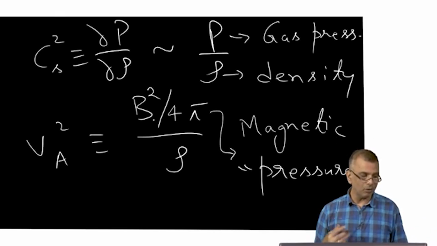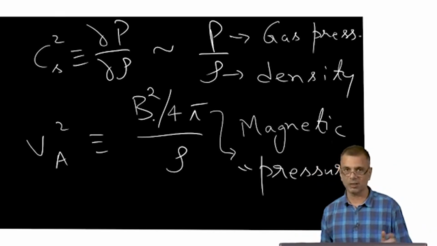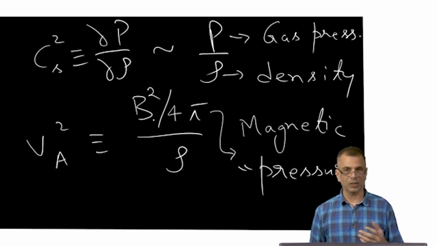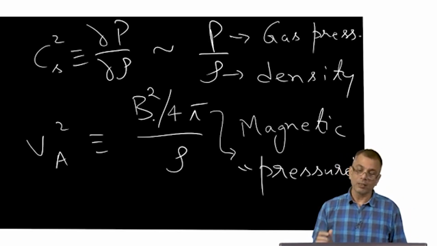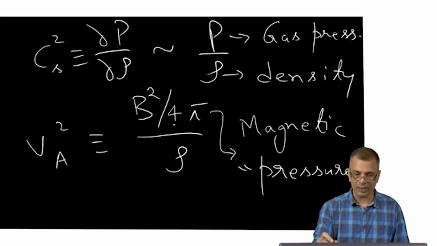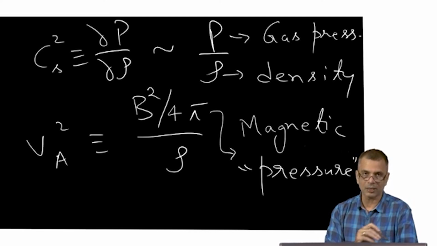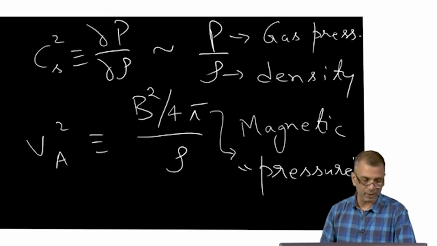And you know that in any kind of pressure, the diagonal term is interpreted as the scalar pressure. So in that sense, this can be interpreted as the magnetic pressure. The expressions for the Alfven speed and the sound speed look quite identical, except there are important differences.